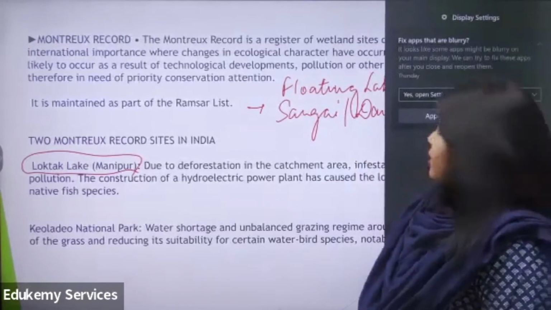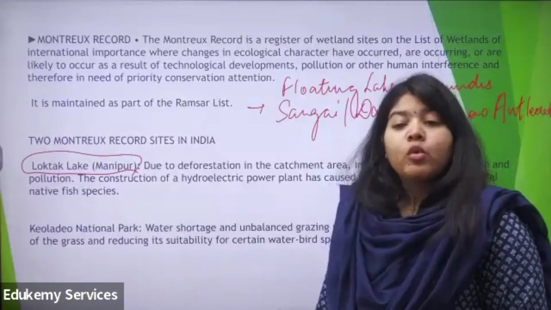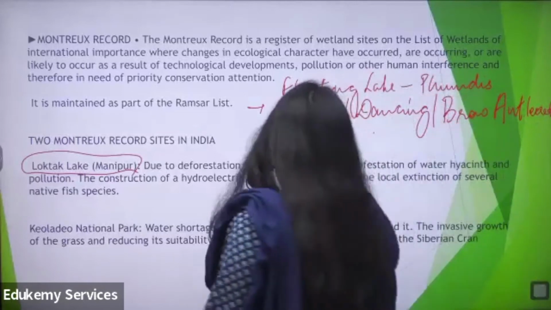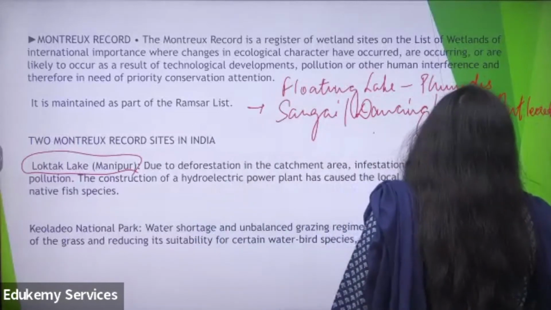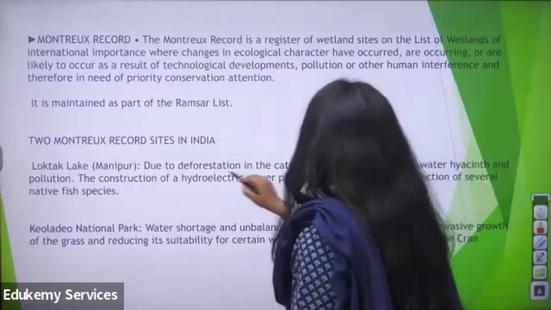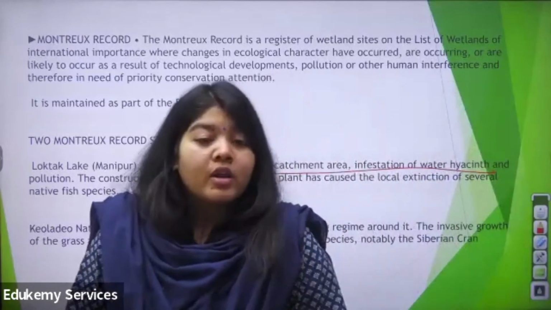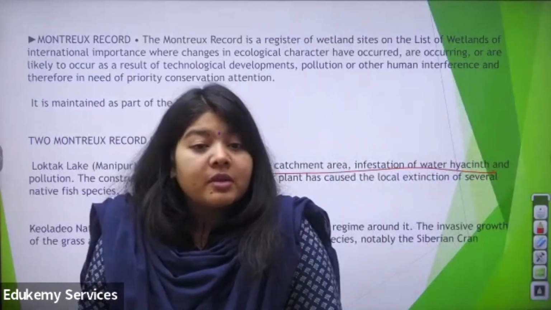All right. Then what else about it? What is the reason for this region to undergo deterioration? The reason is the catchment area. One, water hyacinth, an invasive alien species.